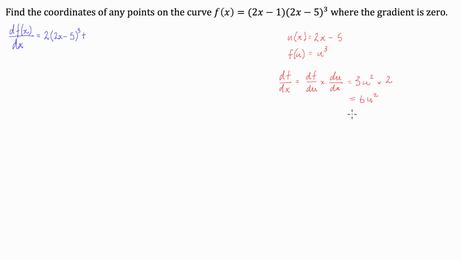Sorry about my handwriting. And if we replace u with the function, we have 6(2x minus 5) all squared.